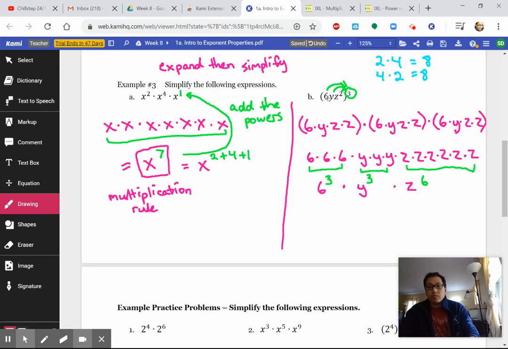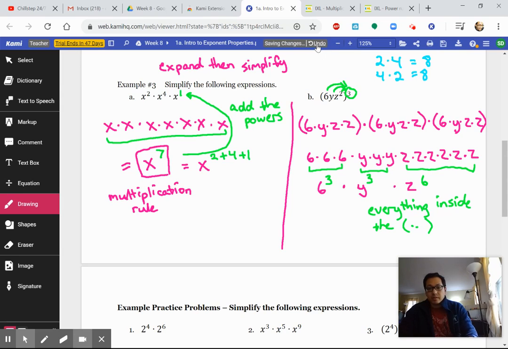So there's kind of two rules in here, actually. One is called the everything gets that power rule. Let me bring this back up here. Everything inside the parentheses gets the power.